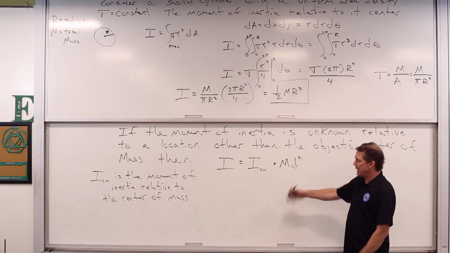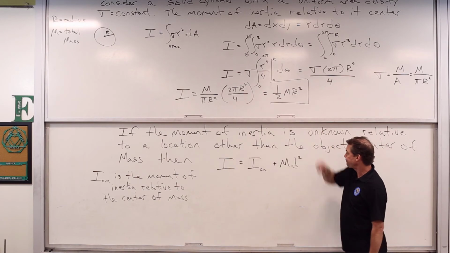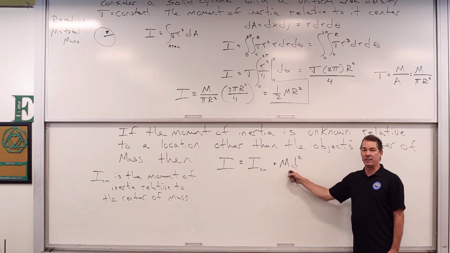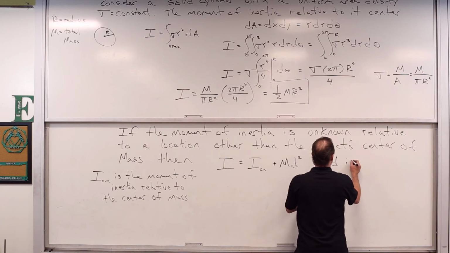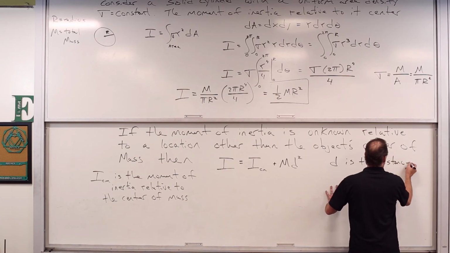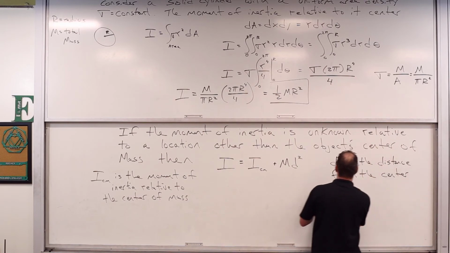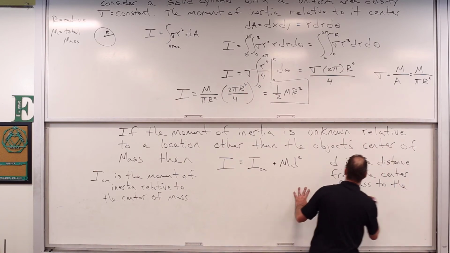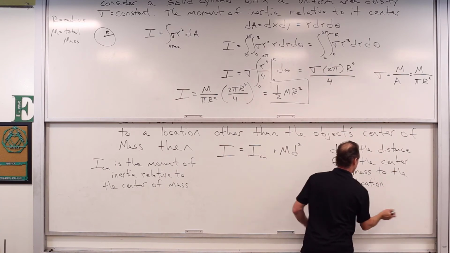But ultimately, if you know what the moment of inertia relative to the center of mass is, and you want to know what the moment of inertia is relative to some other location, we just add on this factor. So d is the distance from the center of mass to the new location.